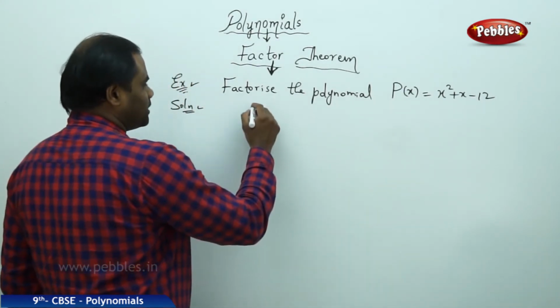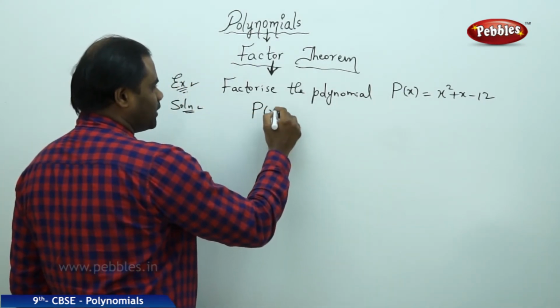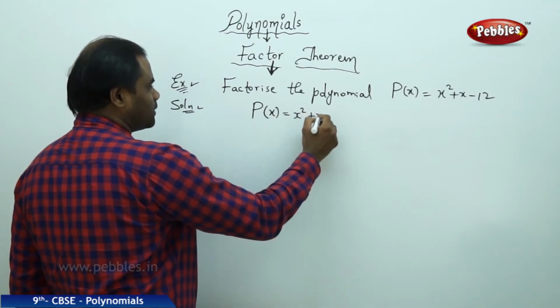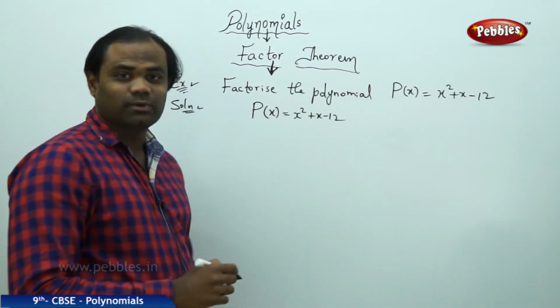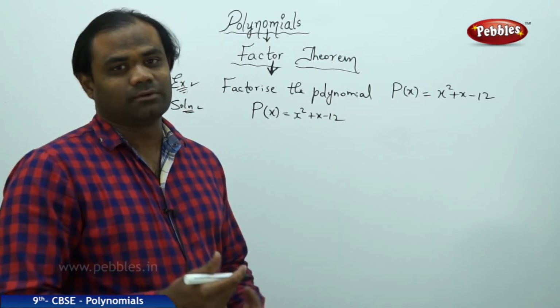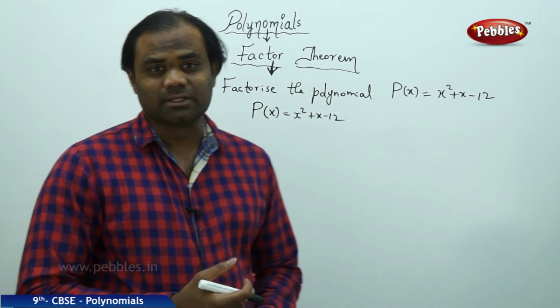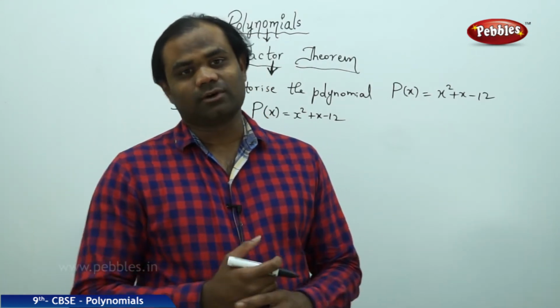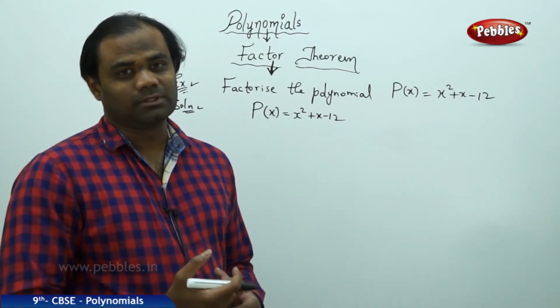So in this case, my given polynomial is p of x equals x squared plus x minus 12. It is a polynomial which is non-zero, and I would like to factorize this, or express it as the product of linear polynomials.